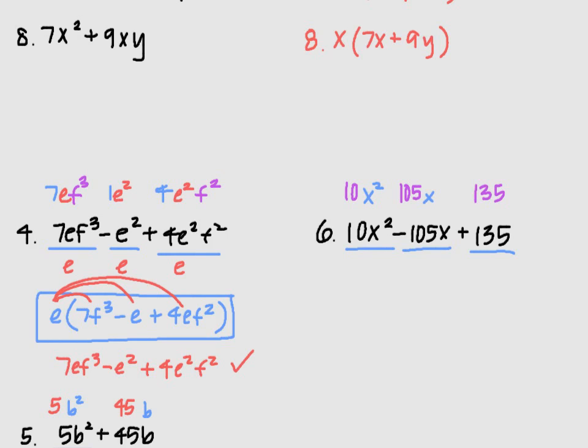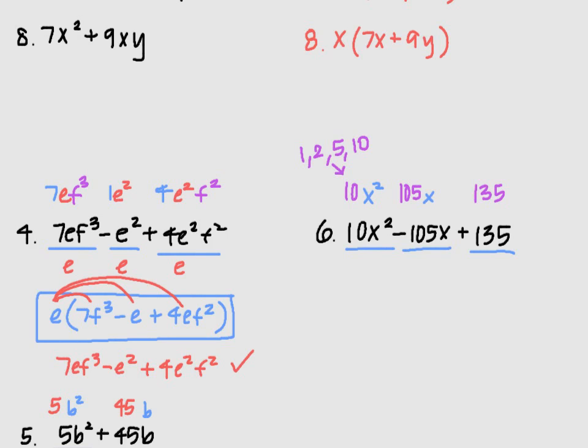Let's see, it looks like all 3 of those numbers are divisible by 5. Just checking the factors of 10 first: 1, 2, 5, and 10 are the factors. The greatest common factor means that all 3 of the numbers are divisible by the same number.